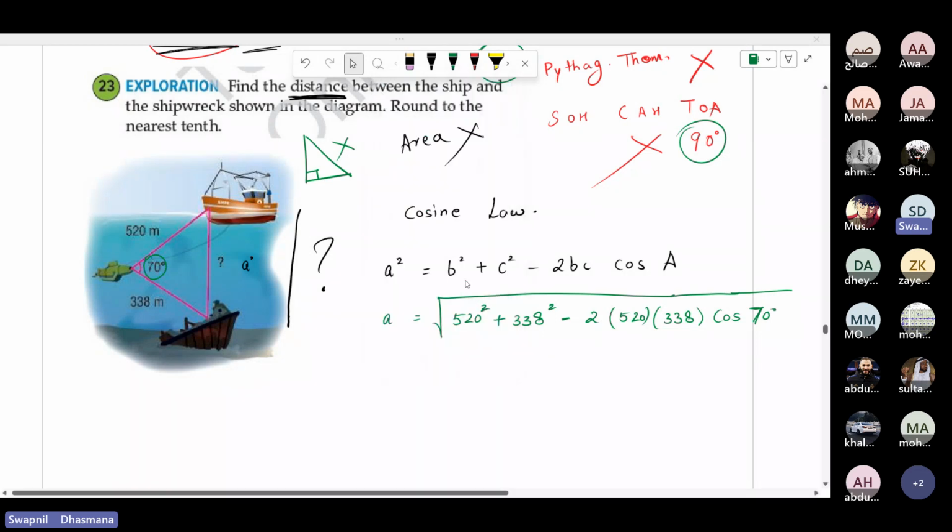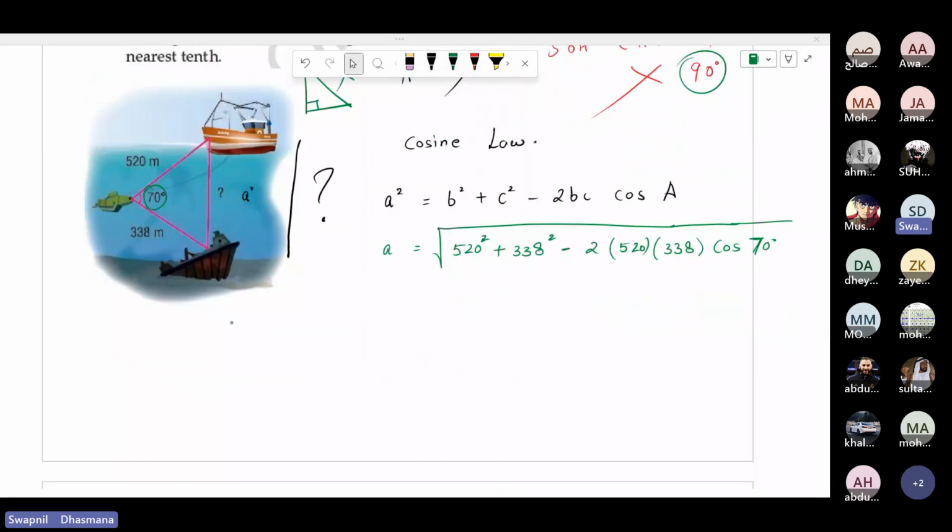So the question is why? Can we use the sine rule? Let's see. Now see, the sine rule is sine A over a. I need to find a side here, so I will keep the side on top: a over sine A equals b over sine B equals c over sine C. I can use any two.